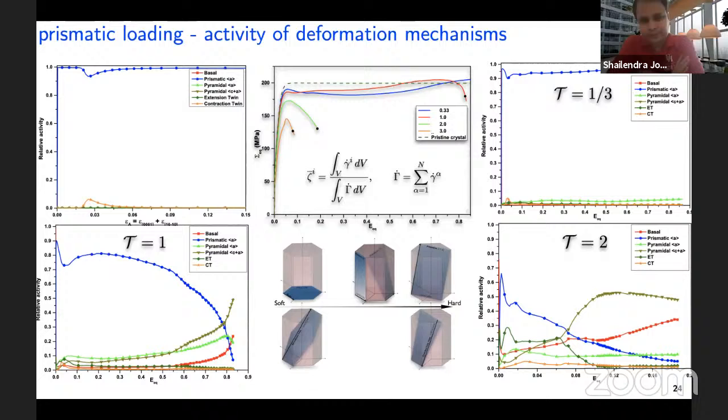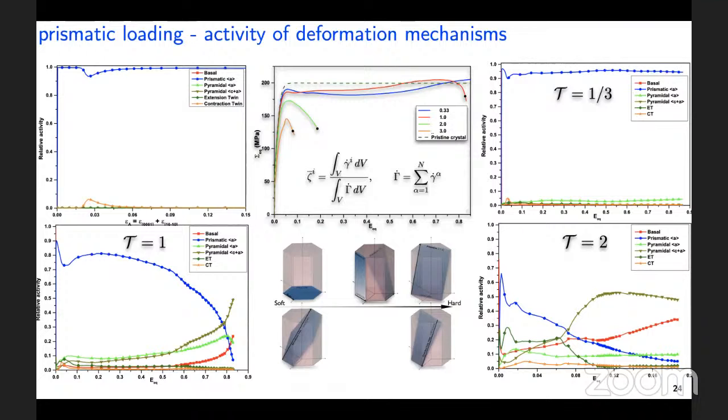But something we are seeing in this slide is that, for example, for the triaxiality of 2, we see much more activity occurring, but at the same time, the material behaves more brittle. It exhibits less ductility. Can you comment on this one? Though we see more slip systems are active, we see less ductility of the material. Is it kind of counterintuitive? Do you have some comments on that?